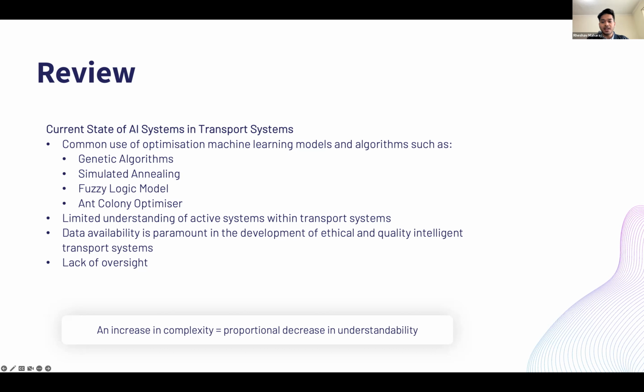A study by Arun Das and Paul Rad also mentions that as the complexity of an AI model increases, there's a proportional decrease in its understandability, which is a common theme you'll realize as I go over this presentation. As I discuss more complex algorithms or more complex implementations, you'll notice that there's much less research or understanding of how these systems work.